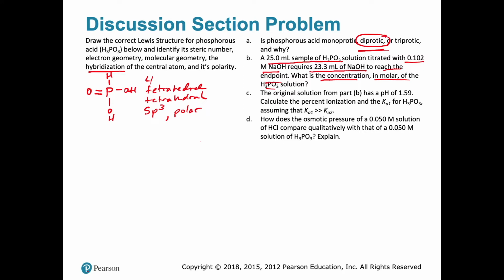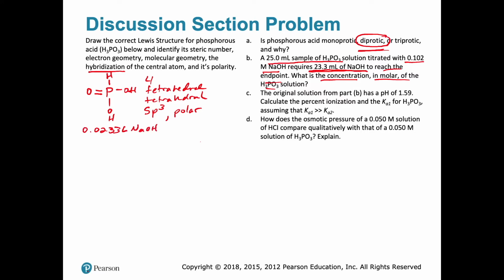But just in case you don't remember how to do a titration calculation, the first thing to do is to figure out how many moles there are of sodium hydroxide that actually made the phosphorus acid go to its endpoint, okay? The way you do that is you start out with the volume that you have of the sodium hydroxide, and everything is always going to be in liters, so it's going to be 0.0233 liters of sodium hydroxide, right?